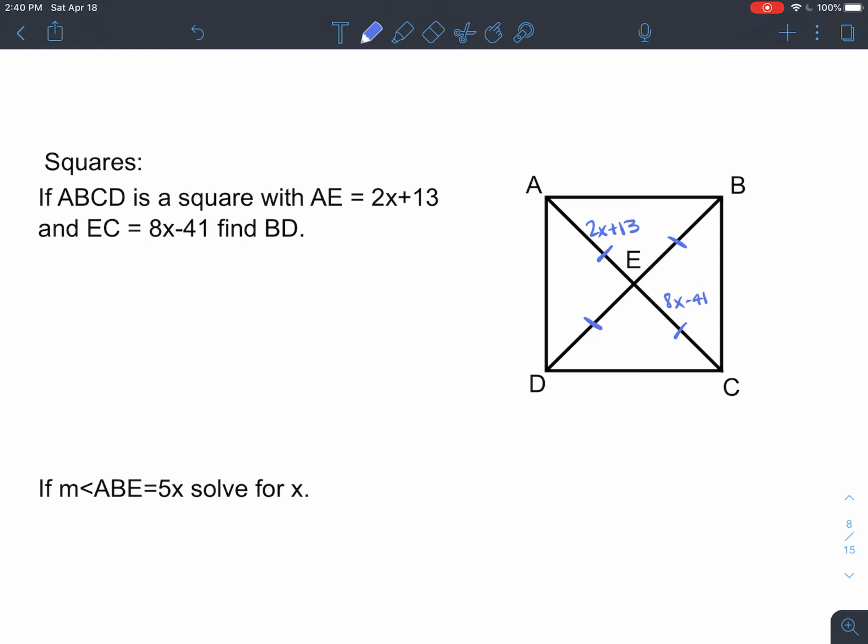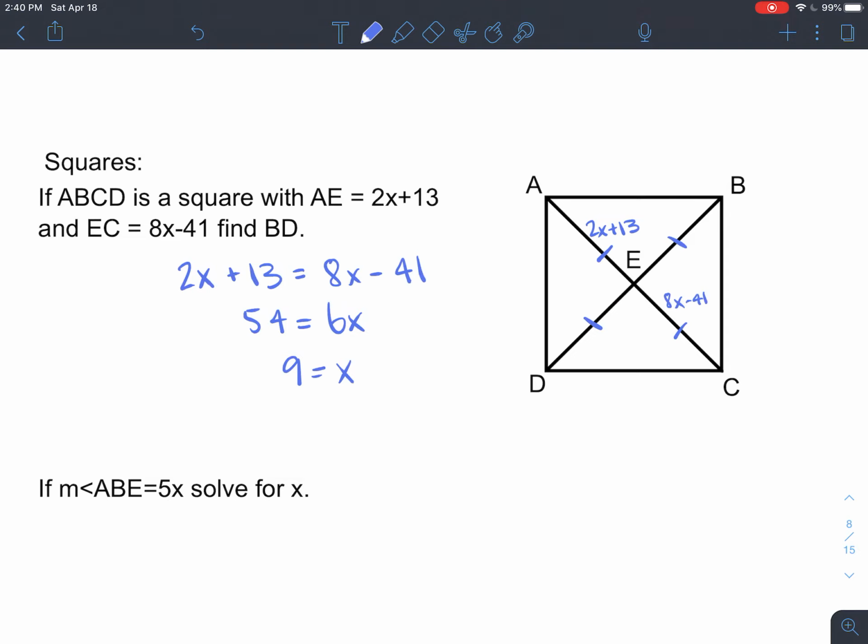If they're all congruent, I can set AE and EC equal to one another. So 2x plus 13 is equal to 8x minus 41. If I do 13 plus 41, I end up with 54. Subtract the 2x is 6x, so x is equal to 9.